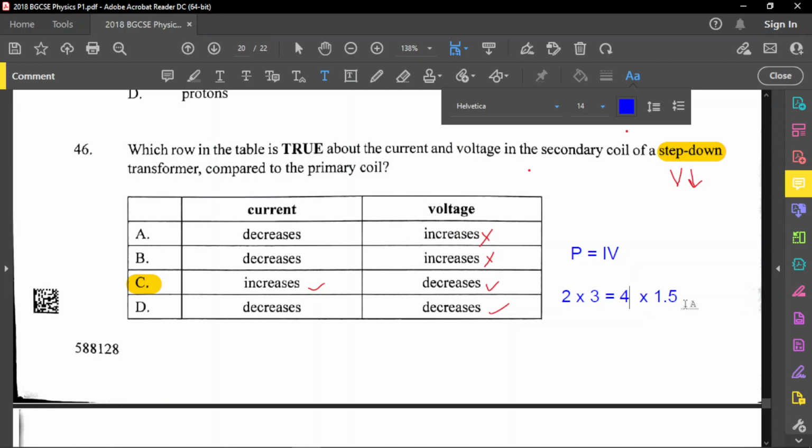I must multiply by 4. So my current must increase as my voltage decreases. If I is the current and V is the voltage, to get the same power, if I decrease my voltage, I must increase my current. As simple as that. A step-up transformer works differently: the voltage increases and the current decreases, because the power must be the same.